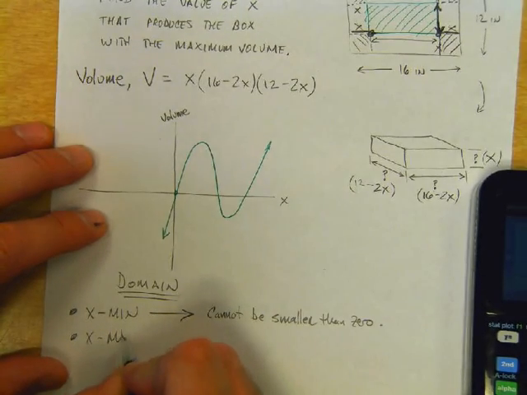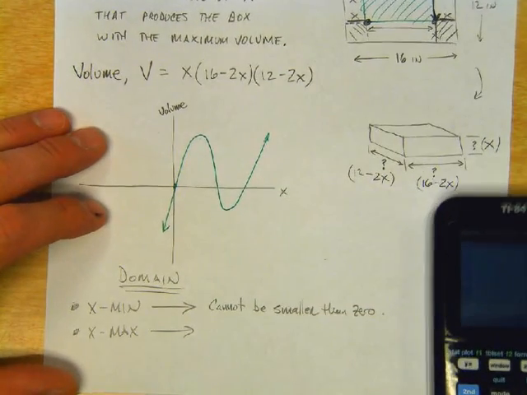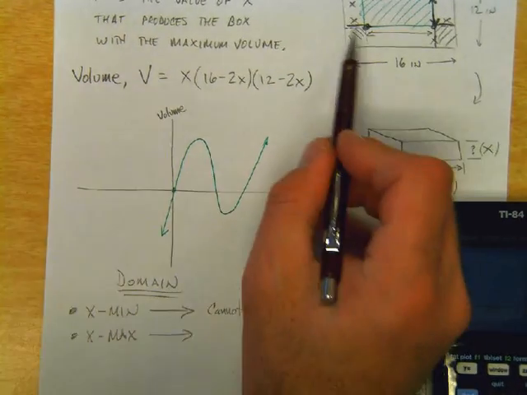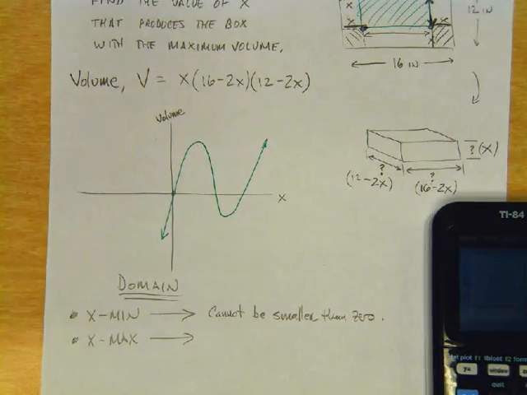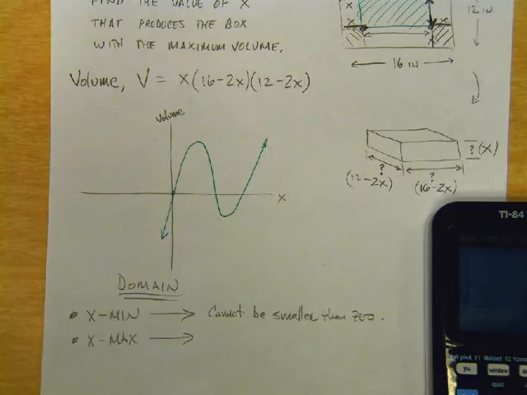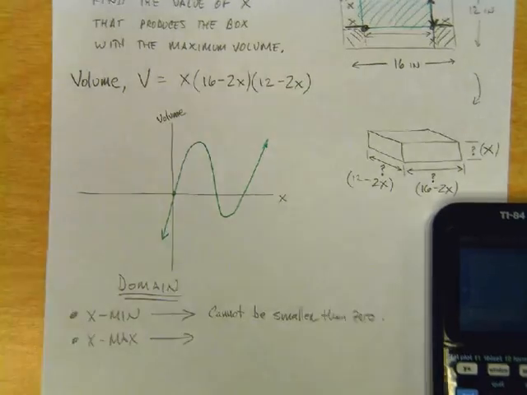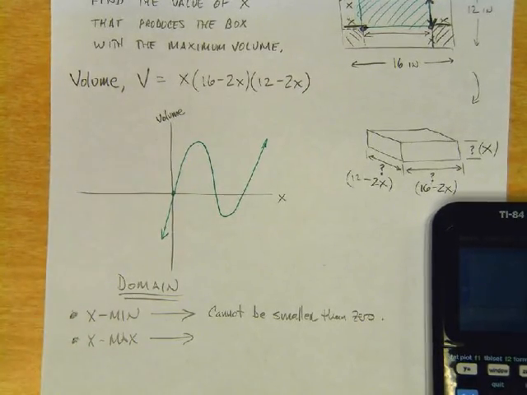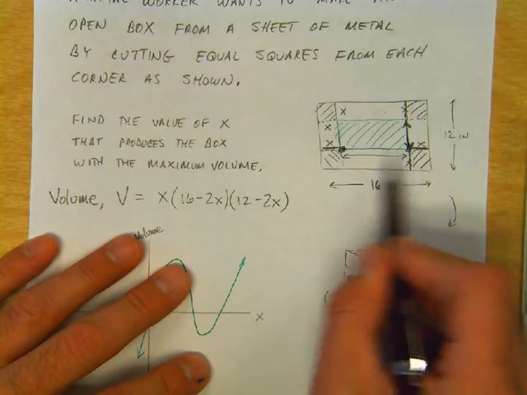Now let's talk about what is the maximum value for this x that you can cut out. Could you cut out an x value that's 100? No, because if you cut it out at 100, it would be bigger than the sheet. Right? So, if you look here, how about look on this lengthwise?